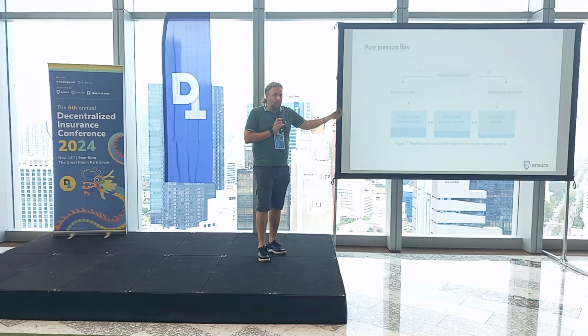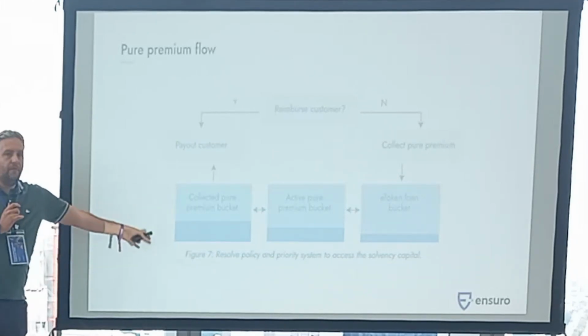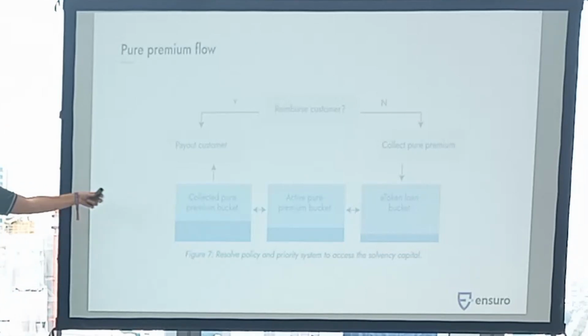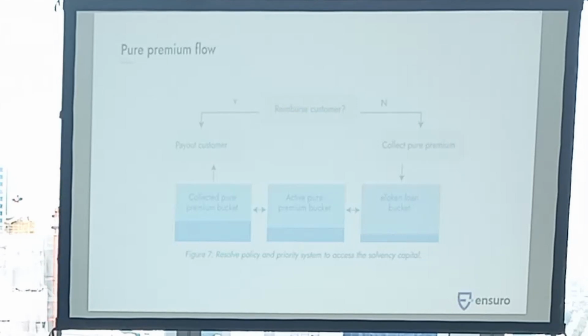Those pure premiums are accumulated in, let's say, a bucket that has the collected pure premiums or the active pure premiums. And then at the same time, that bucket is used to pay the losses, right? So when you have to pay the losses, you first try to use the collected pure premiums, the premiums that you accumulated from previous expired policies. You later use the active pure premiums, that means the pure premiums of the active portfolio.